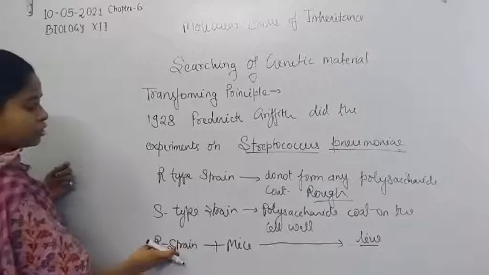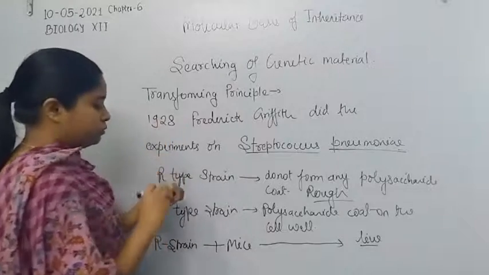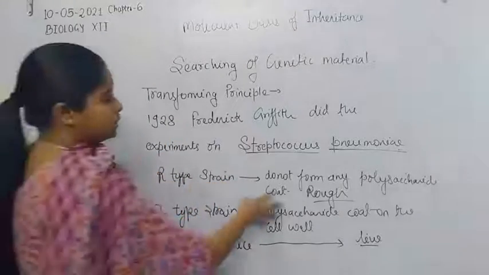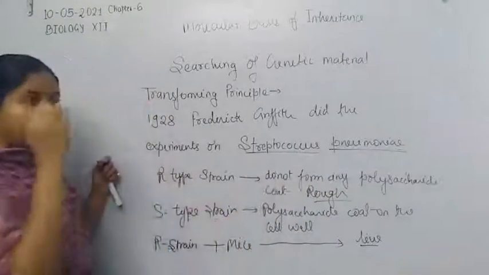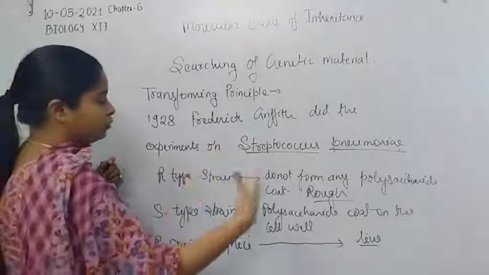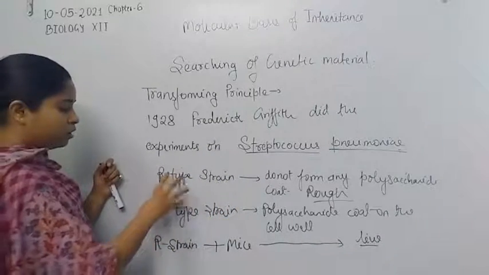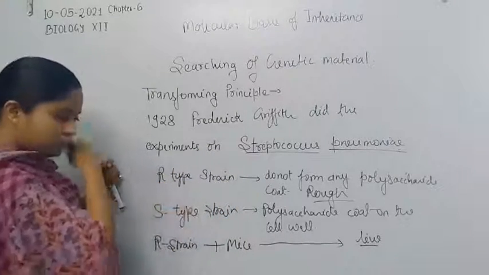The R strain is not able to synthesize the mucopolysaccharide, the polysaccharide coat, over the cell wall of the bacteria.